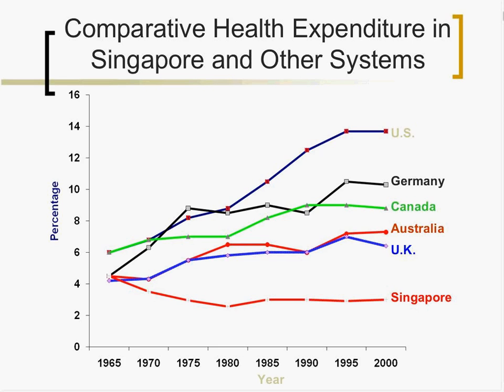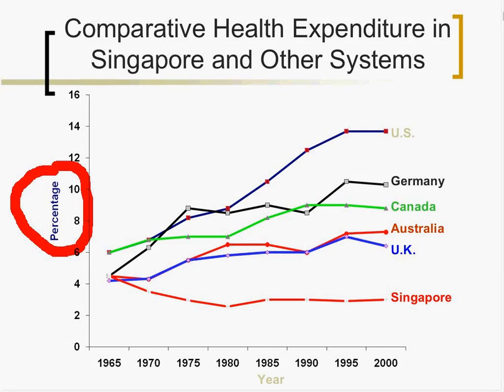So when looking at the amount of resources that countries devote to healthcare, we see differences emerge. This is the healthcare expenditure across the 6 systems we've mentioned in the previous slide, as a percentage of GDP.